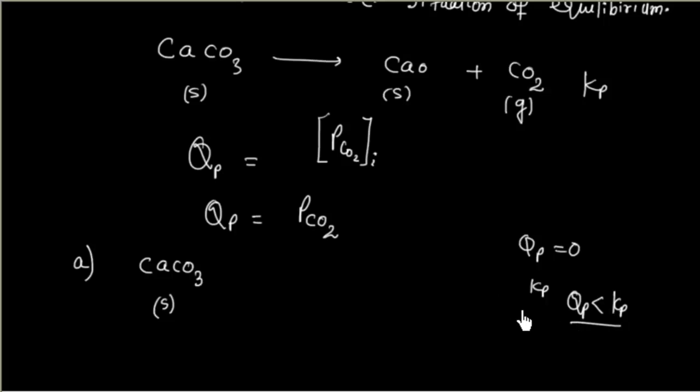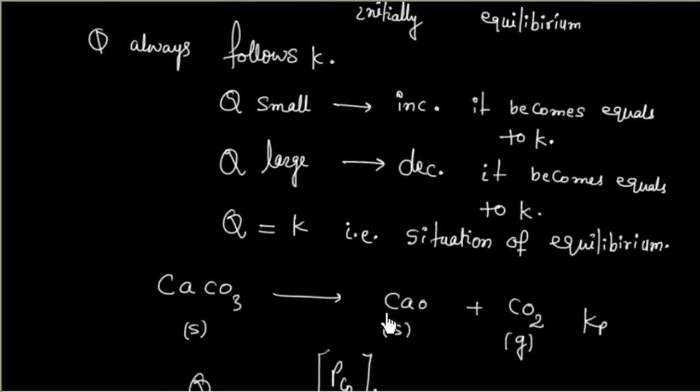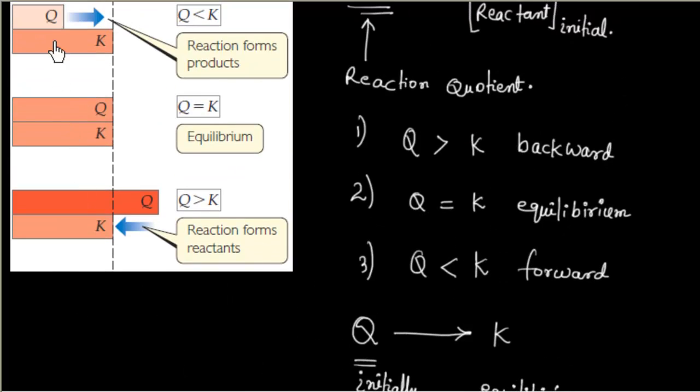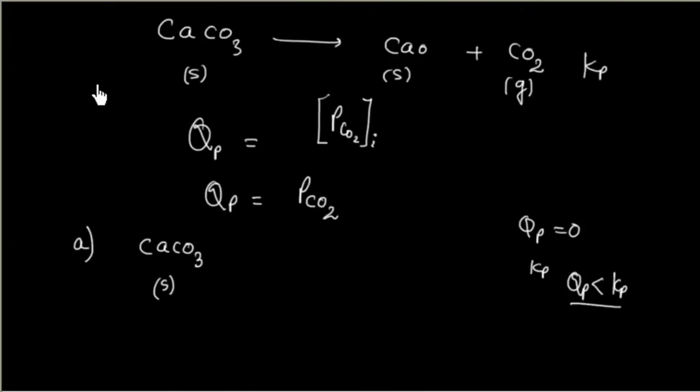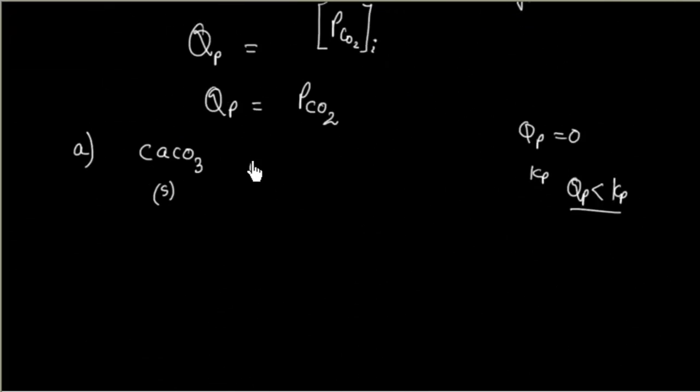If Qp is less than Kp, what will be the situation? Q is less than K, this means the reaction has to go in the forward direction. In this case, the reaction will proceed in the forward direction.